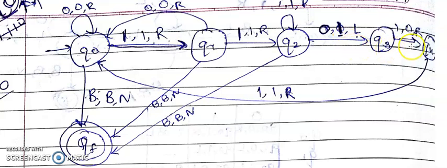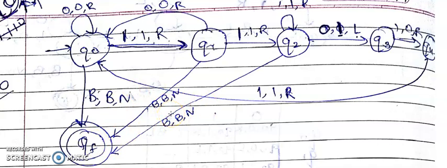I cannot reach a blank after I reach Q3 and Q4 because I have read 110 here. I cannot reach the end of the string here. So if I get 110, I have to convert it and then I can reach the end of the string if there are no more substrings 110. I hope this example is clear.